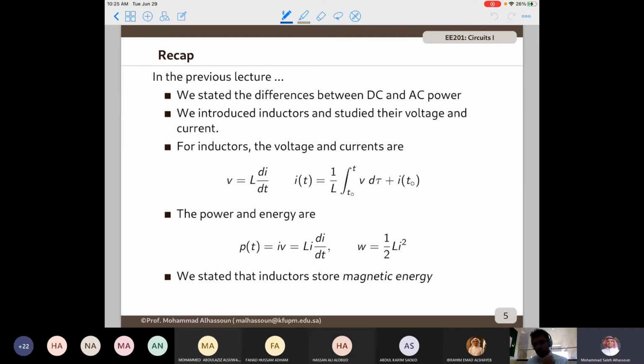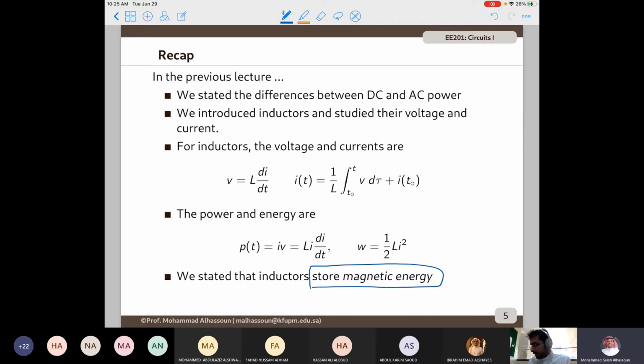Also, we introduced inductors as one circuit element that we're going to heavily use in the following lectures. We stated that the inductor is an element that stores magnetic energy.